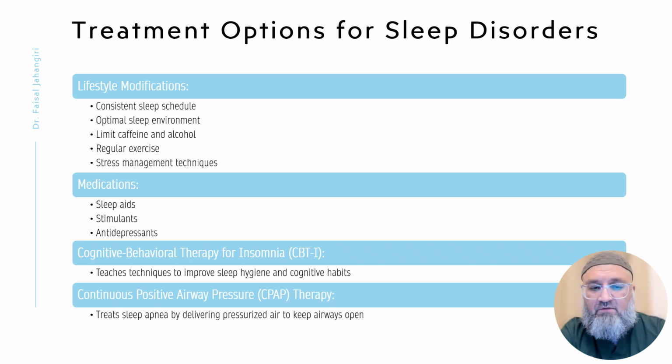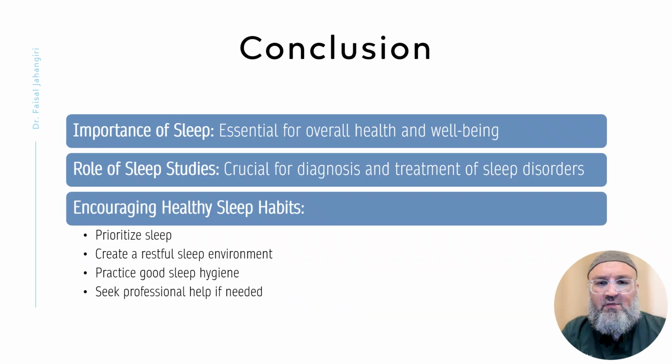Also, CPAP therapy, continuous positive airway pressure, treats sleep apnea by delivering pressurized air to keep the airway open. There's a mask on your nose or a tube in your nostrils, and pressure is maintained continuously by electronics. They can also come with a humidifier to keep the nose from getting dry, and they keep the pressure high and treat the sleep apnea.